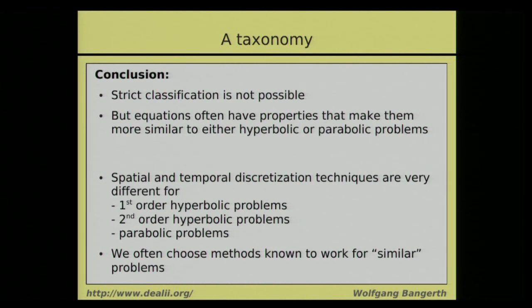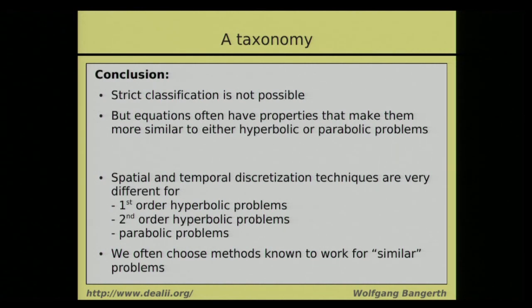You have to look at the size of the relative terms. If the second derivatives are large, then yes, it's parabolic. If they're small, then maybe it is still hyperbolic. So more often than not, you cannot strictly classify equations, but the solutions have properties that make them similar in character to hyperbolic or parabolic problems.